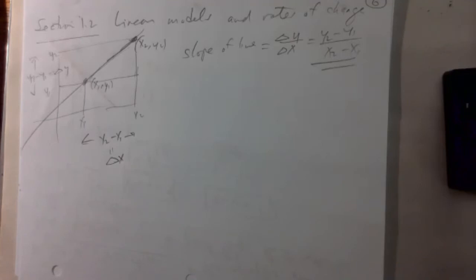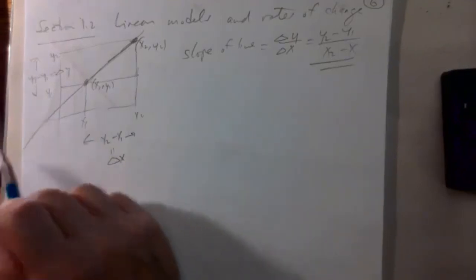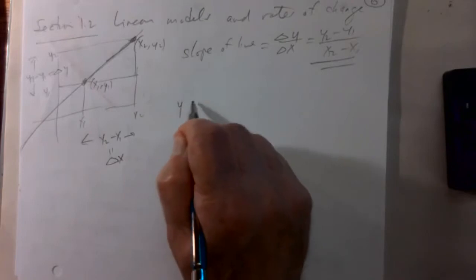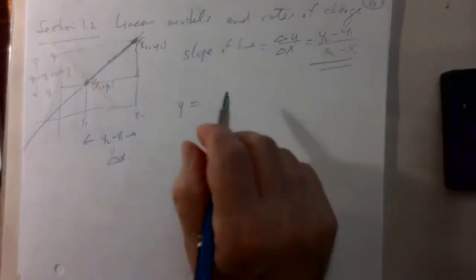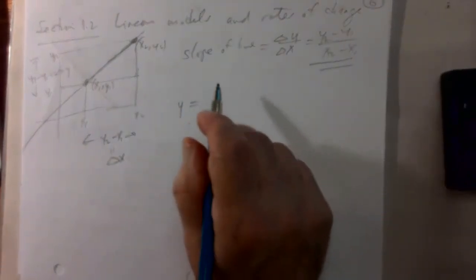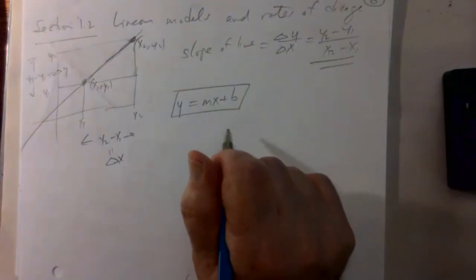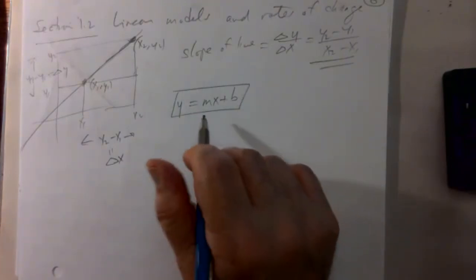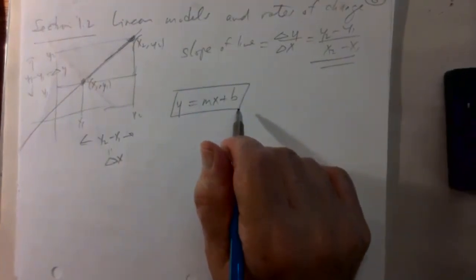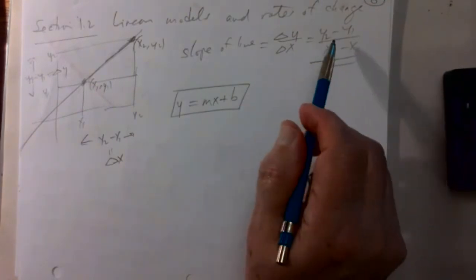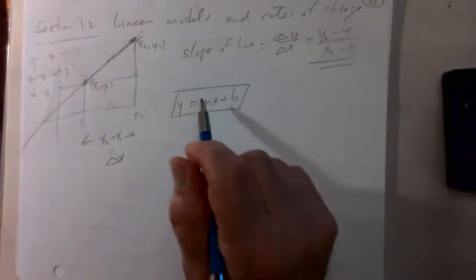Now, the miraculous fact is, if you take the equation, let's say y equals mx plus b, and we look at all the points that satisfy this, the graph of such a thing is what we call a straight line. You get the same slope no matter what 2 points you pick.